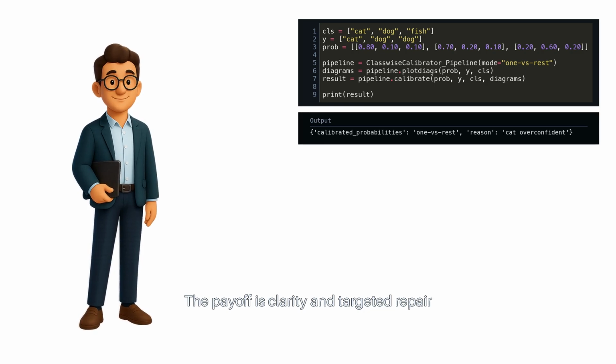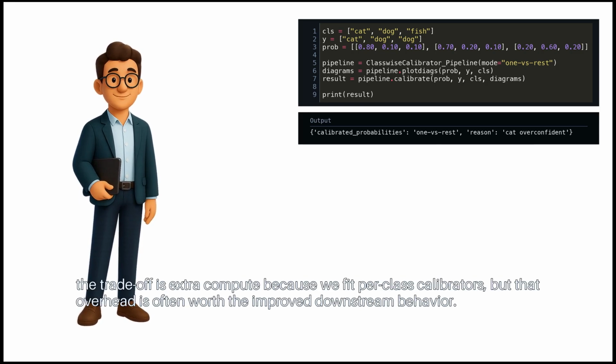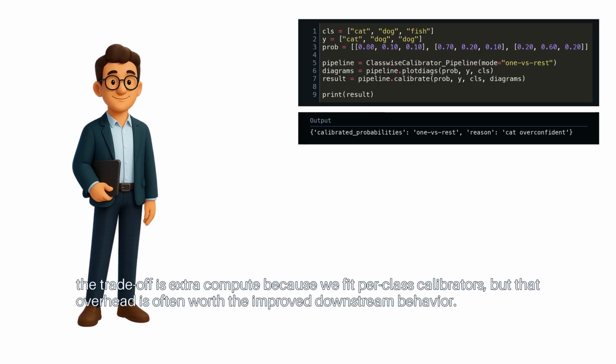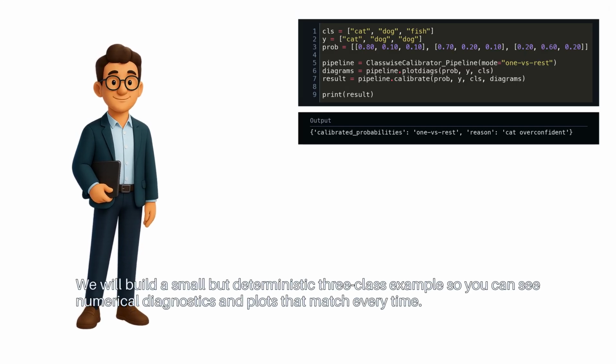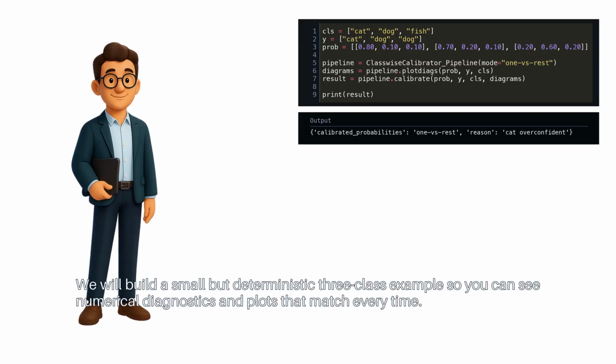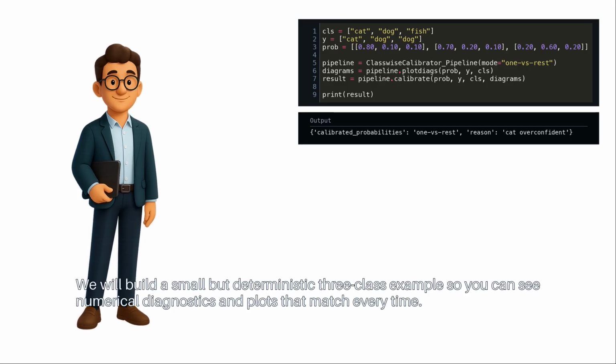The payoff is clarity and targeted repair. The trade-off is extra compute because we fit per-class calibrators. But that overhead is often worth the improved downstream behavior. We will build a small but deterministic 3-class example so you can see numerical diagnostics and plots that match every time.